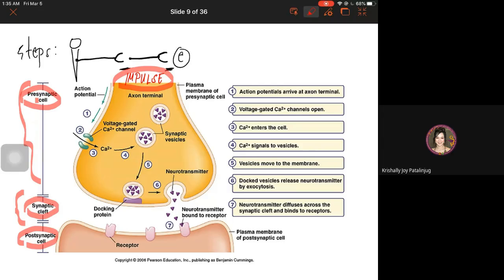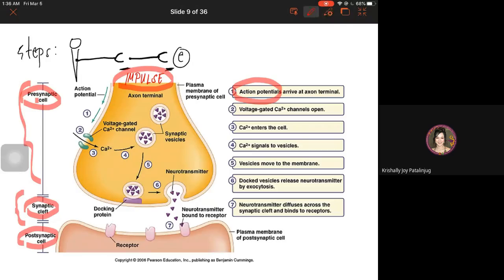Take note, the moment na may utos mula sa brain na nakarating sa presynapse, sa terminal portion ng sending neuron, that causes an action potential. An action potential will be generated specifically in the presynaptic cell or in the axon terminal, that is simply the terminal portion of the sending neuron, which is the presynapse.